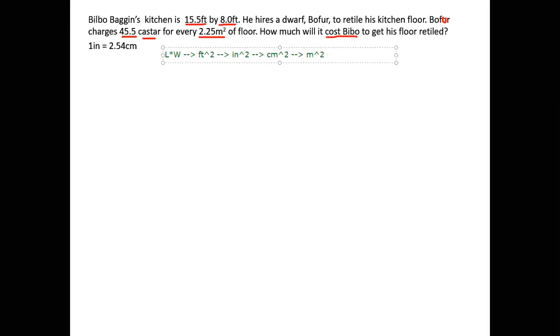So what we're going to do is we're going to take the length and width of Bilbo's kitchen, find the feet squared, convert that to inches squared. Then we can convert it to centimeters squared and then meters squared. And once we get meters squared, then we can convert it to how much castar it'll cost. So this is the route we're going to take.